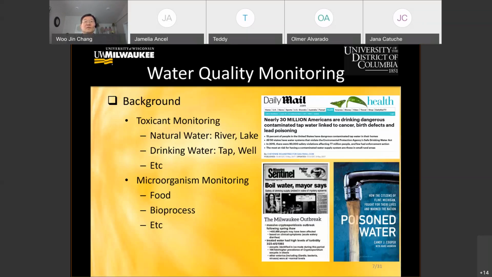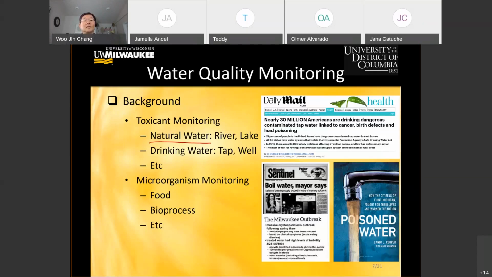So that is one major reason that a portable, small, cheap and robust water quality monitoring system is required for drinking water. Of course, we have water everywhere. As you can see, natural water is also an important issue. So depending on the samples, we need different approaches in water quality monitoring.